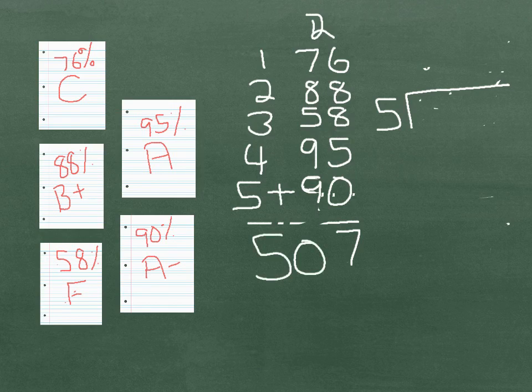I'm going to double check that. 2 plus 7 would be 9, plus 8 would be 17, plus 5 would be 22, plus 9 would be 31, plus 9 more would be 40. I'm glad I double checked that. So instead of 50 here, it's going to be 40.